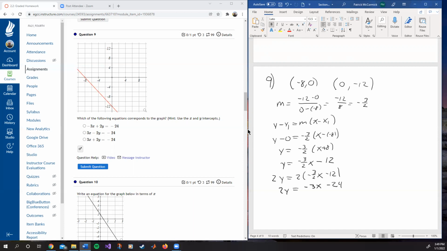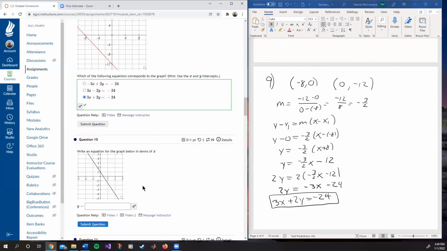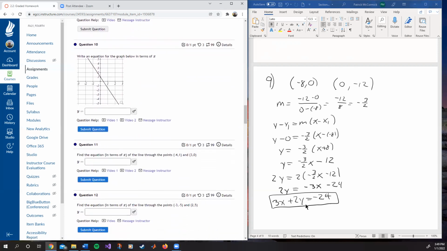Bring the 3x over. So I get 3x plus 2y equals -24. All right, so which one matches up? So 3x plus 2y equals -24. It's this one right there. And there we go.